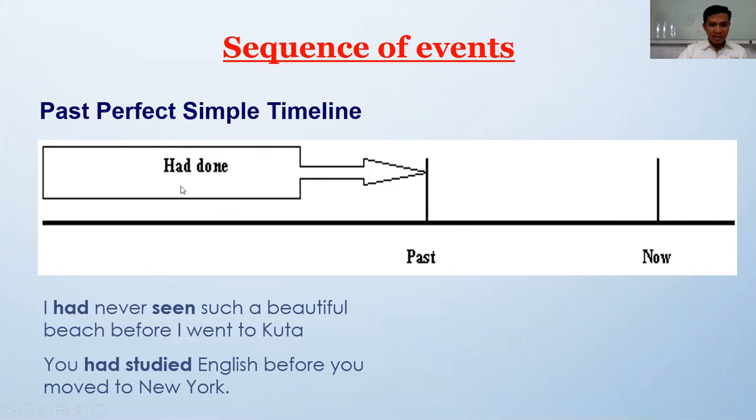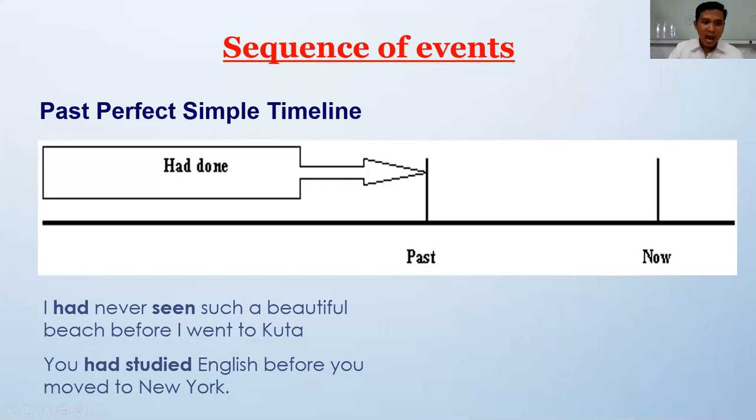When you are expressing past perfect tense, it is more than the past, behind the past. So this is past perfect tense, this one is simple past, and this one is now, present.